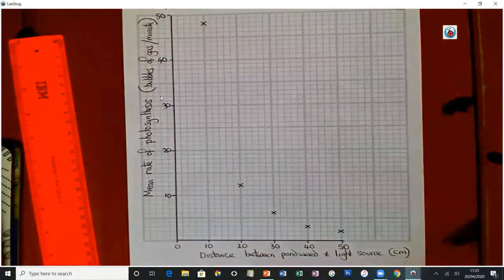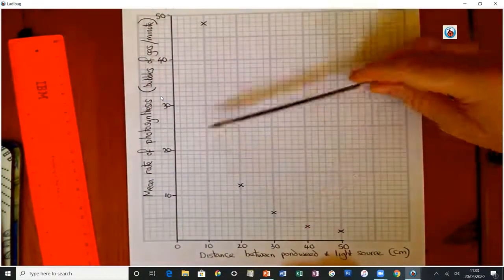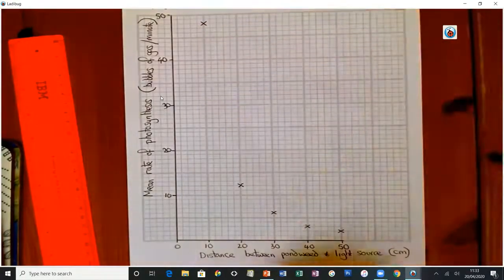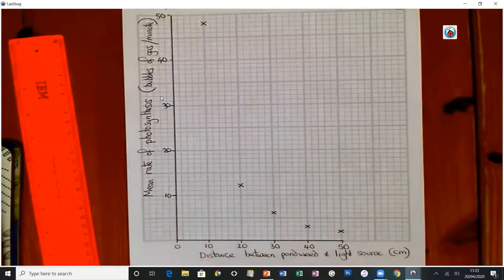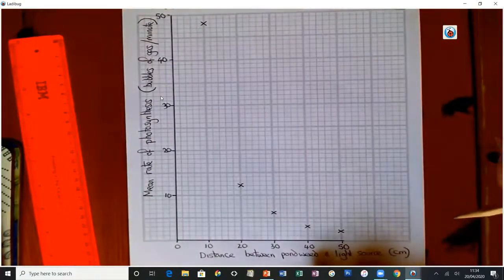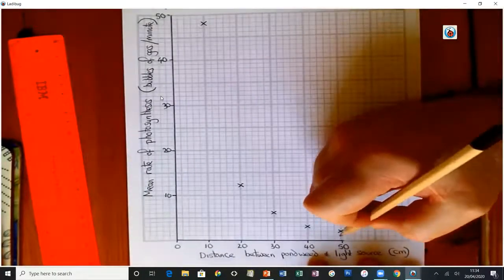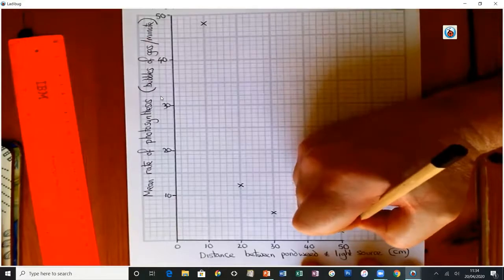Now, obviously, looking at that, it is a curved line. So what I'm going to do now is draw in the line of best fit, but I'm going to use a pencil just in case I make a mistake. With my pencil then, I'm going to draw the curved line of best fit.